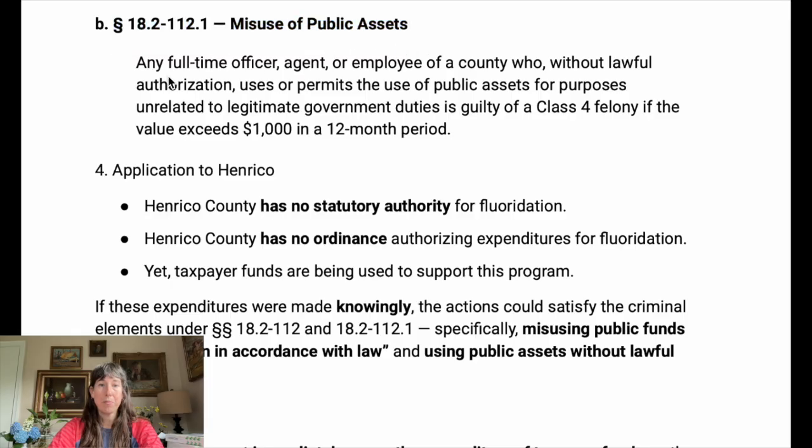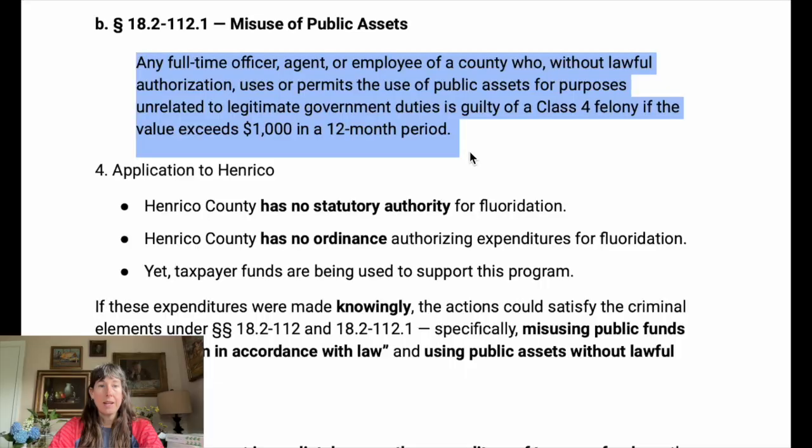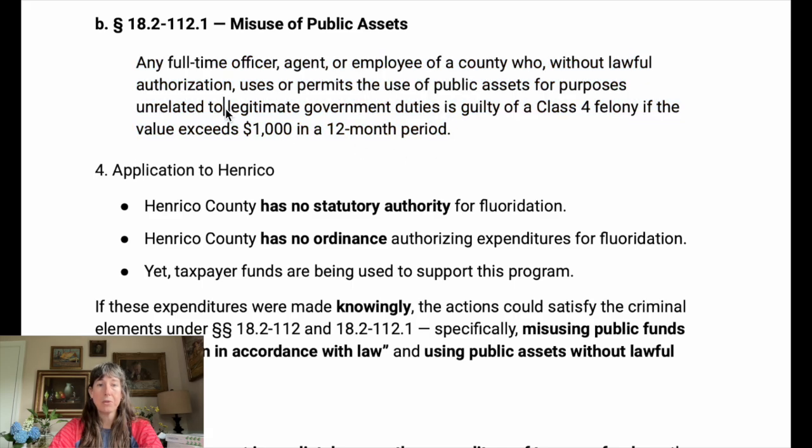18.2-112.1, misuse of public assets. Any full-time officer, agent, or employee of a county who, without lawful authorization, uses or permits the use of public assets for purposes unrelated to legitimate government duties is guilty of a class 4 felony if the value exceeds $1,000 in a 12-month period.